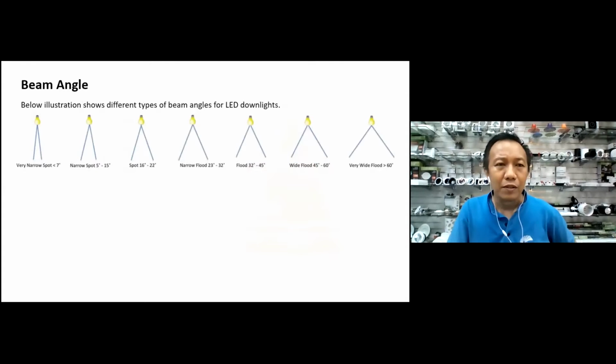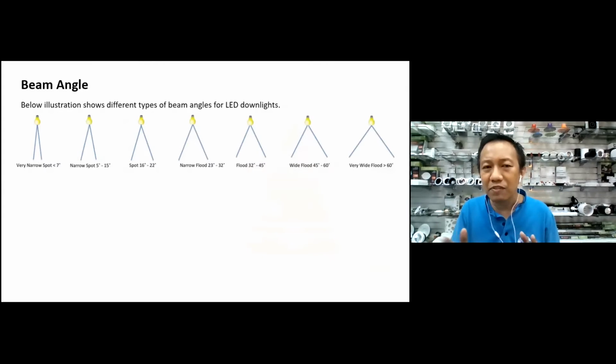Okay. So, below, may illustration ako, shows the different types of beam angles. Different manufacturers have their parang range. Pero generally, so there's yung very narrow spot, which is mga below 7 degrees. Ito, super narrow na to. Then you have yung 5 to 15, which is nasa narrow spot.